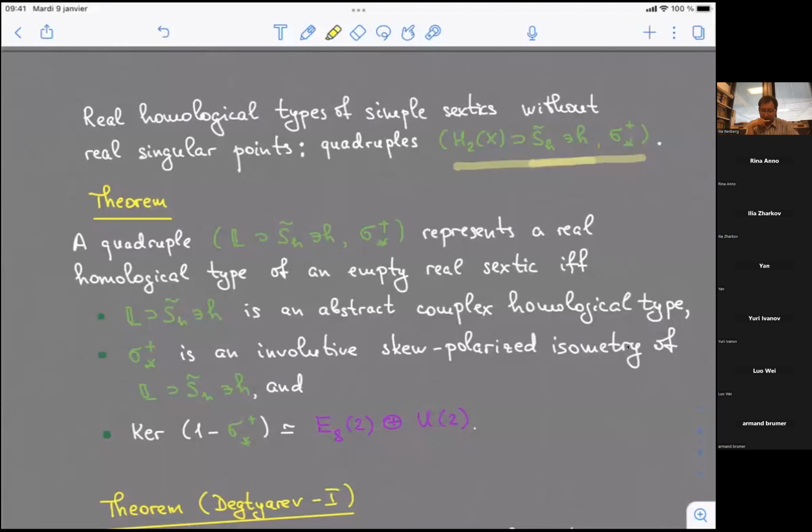So a quadruple represents a real homological type of an empty real sextic if and only if, of course, the corresponding part of this quadruple is an abstract complex homological type.